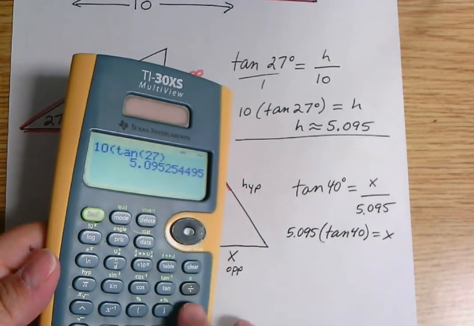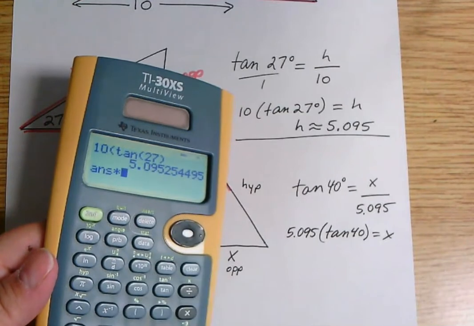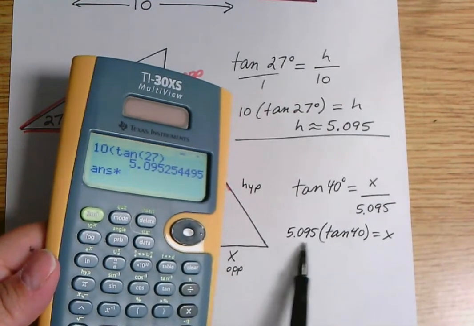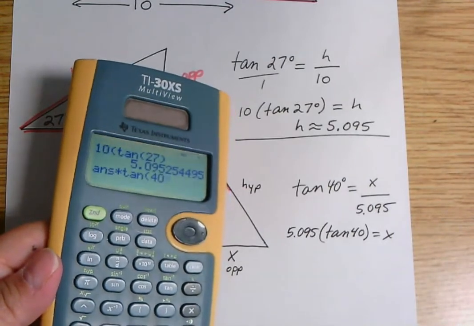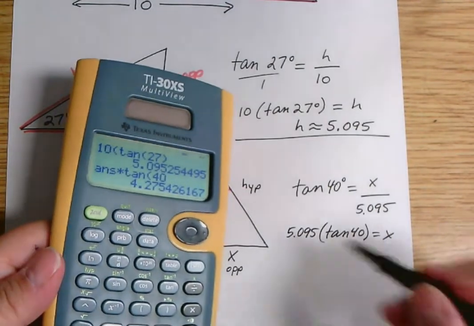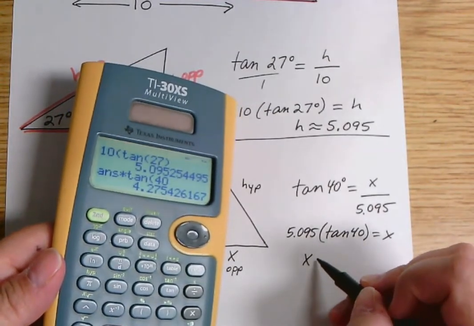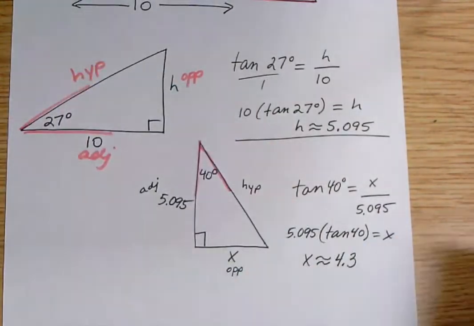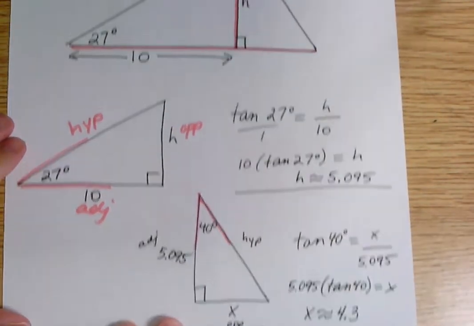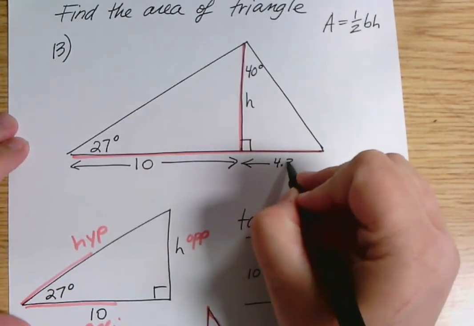I'm just going to press times, and that way I'm using a much longer decimal, which is more accurate than if I just used this. Times tan 40. So x is 4. Let's round to the nearest tenth, and that says x is 4.3. Going back up to the top here, that means this part here is 4.3.